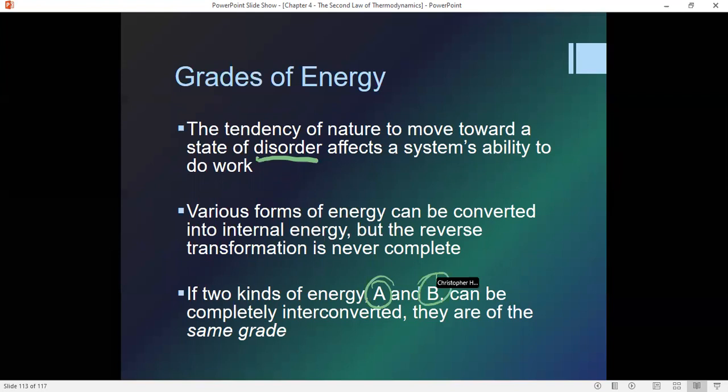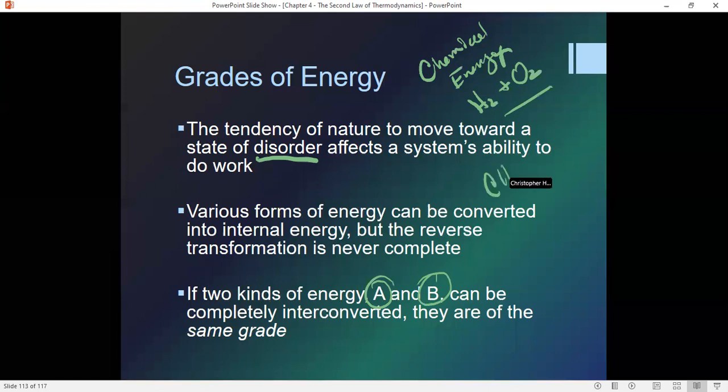For instance, chemical energy such as is contained in hydrogen and oxygen, you combine those two and they go boom, right? I can get work out of that. I can do combustion. I can use hydrocarbons, and that's a carbohydrate.